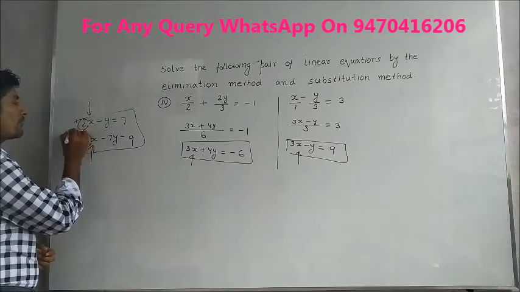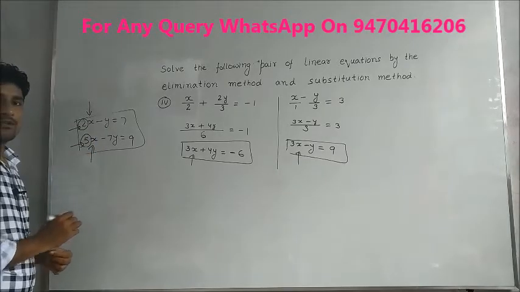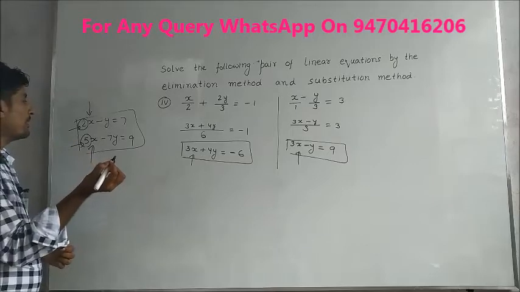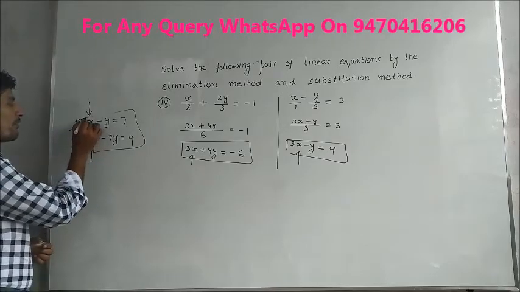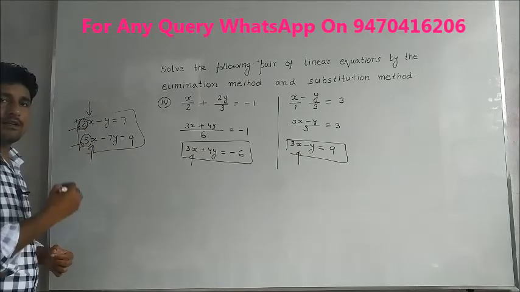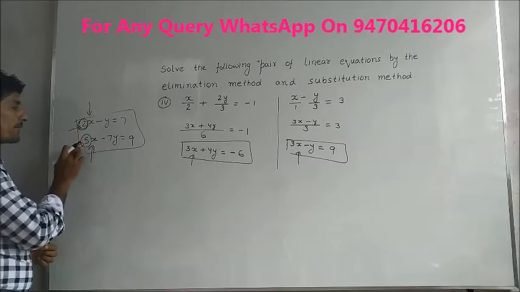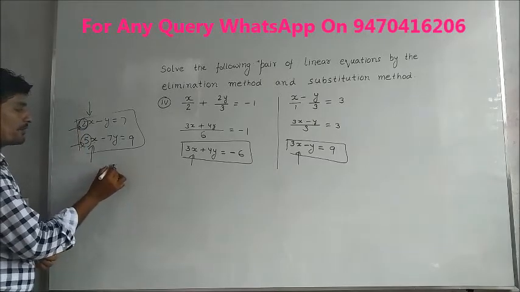Here the coefficient of x is 2 and here it is 5. So we have to think of a number such that the coefficient of x in the first equation and in the second equation must be equal. For that we take the LCM of 5 and 2, which is 10.